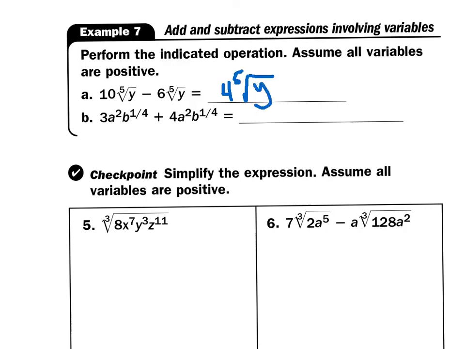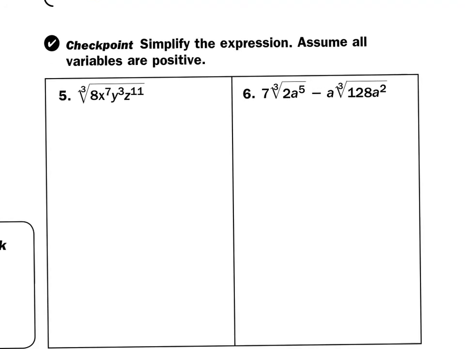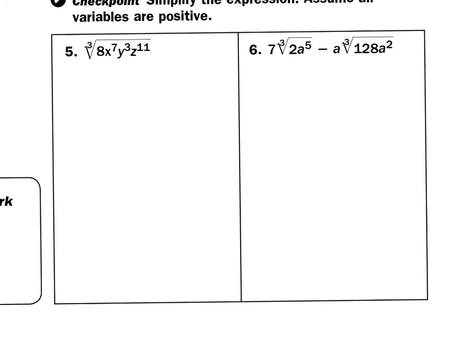And then on b, these are exactly the same expression, so if I have 3 of them and 4 of them, then I have 7 of them. Okay. Go ahead and do the checkpoints and bring these tomorrow.